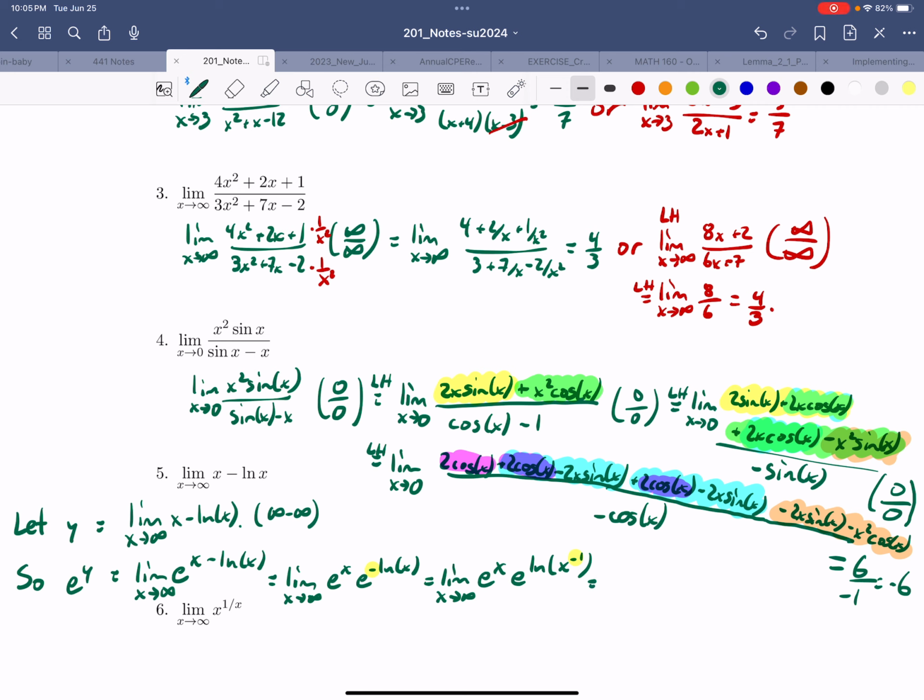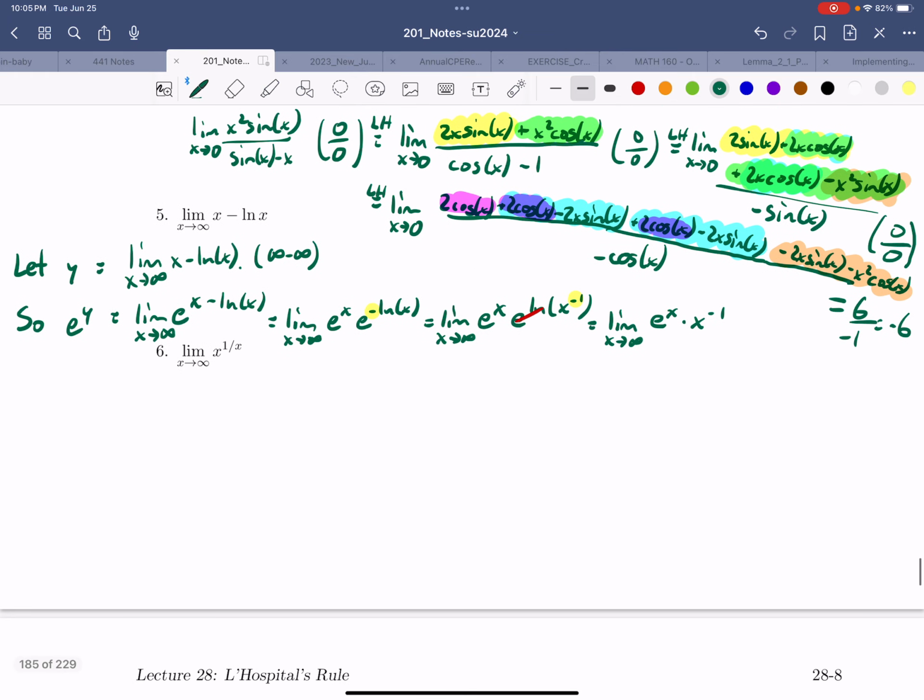And then at this point, I can say this is the limit as x approaches infinity of e to the x times x to the negative 1, because you notice that the e to the ln cancels. All right, let's scroll down a little bit.